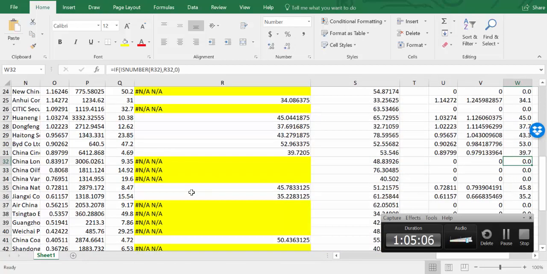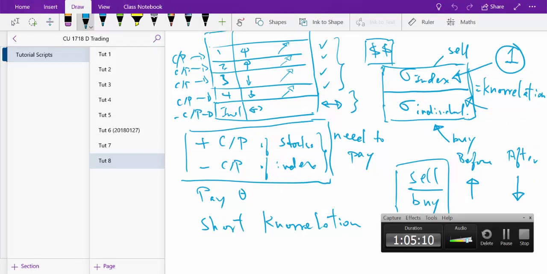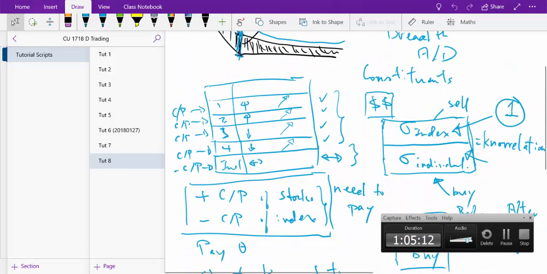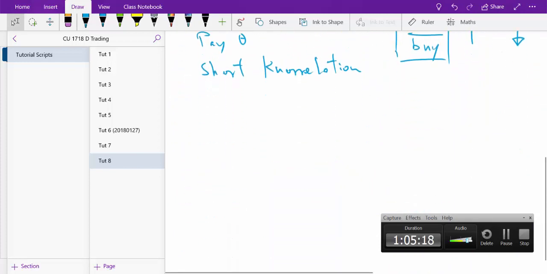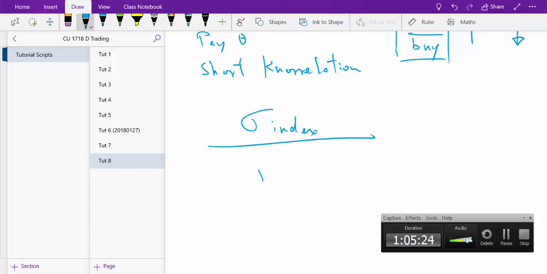So we are asking you to work out what this is: the implied volatility of the index divided by the implied volatility of the components, weighted.